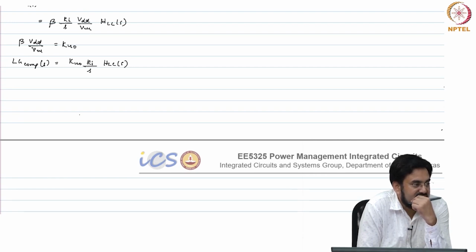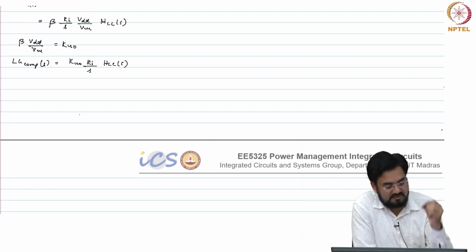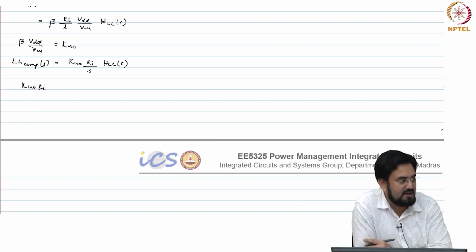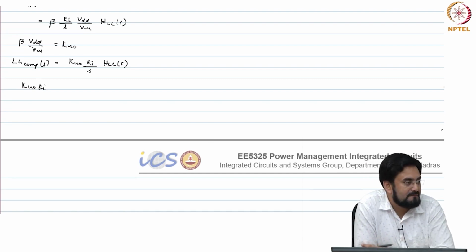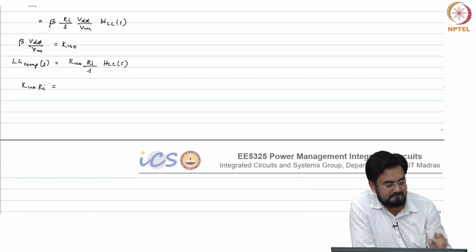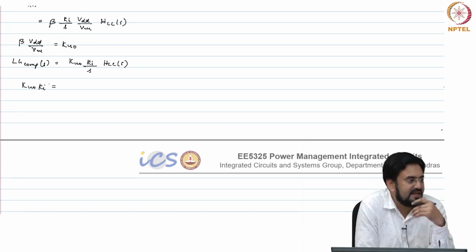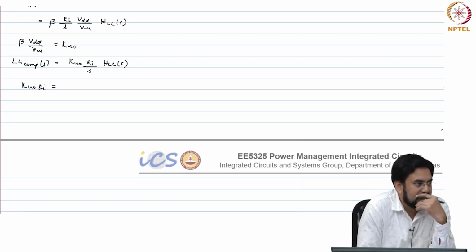So how do you choose the gain? This factor KU0 into KI should be how much? If this was only KI over S, what will be your UGB in that case? KI.